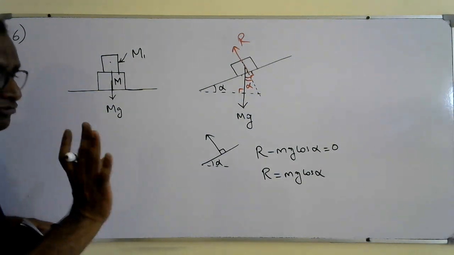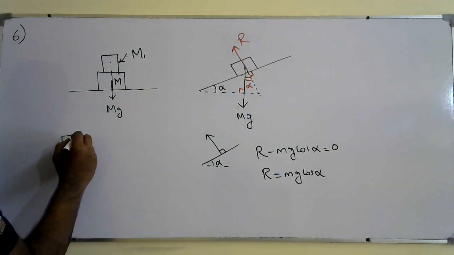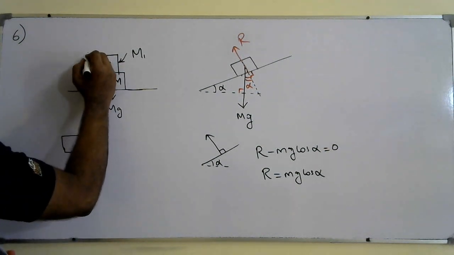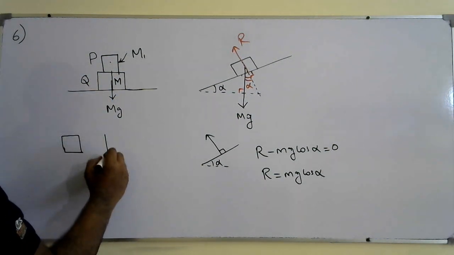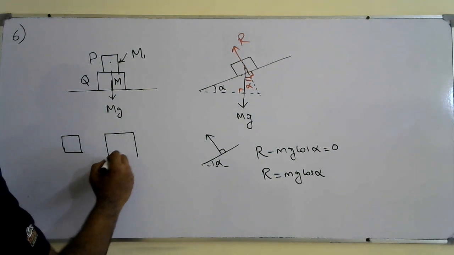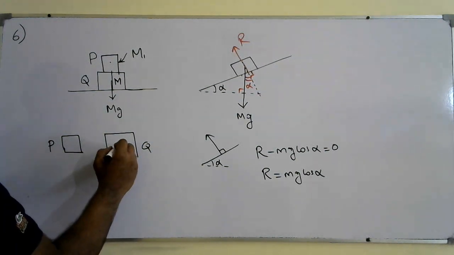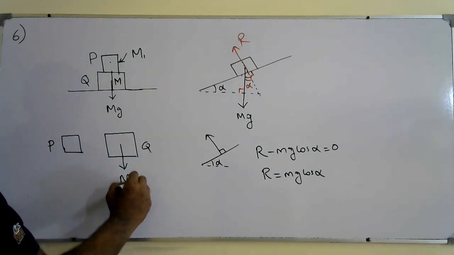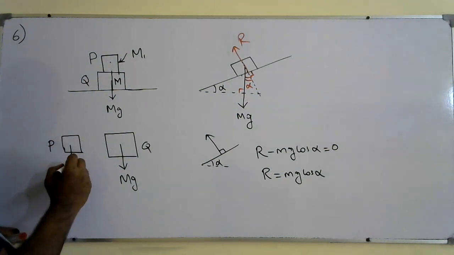Thinking about free body force diagrams, which we normally teach in physics, it is better to know that if I name the new box P and the previous box Q, and draw the forces acting on P and Q separately, this is Q, this is P. The weight of Q is acting downwards, that is Mg. The weight of P is acting on P, that is m1g.